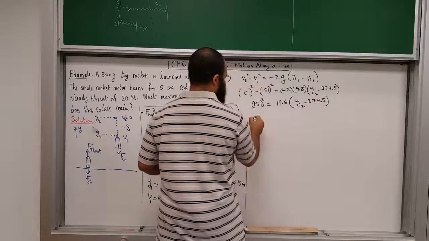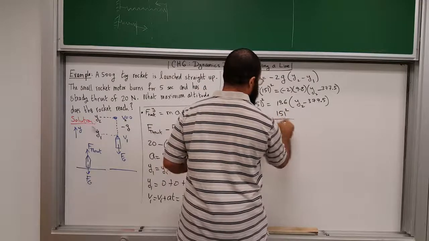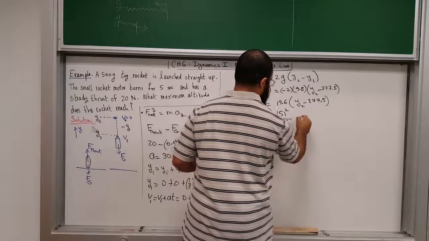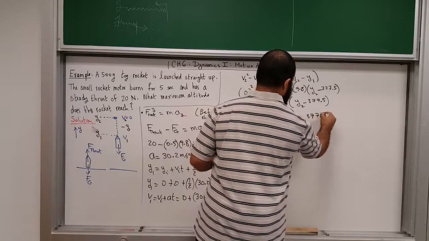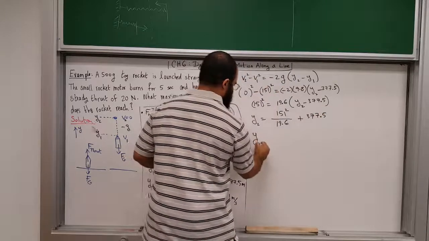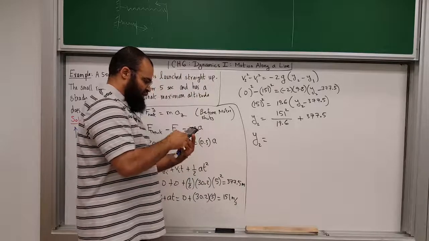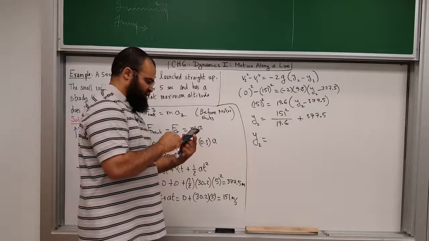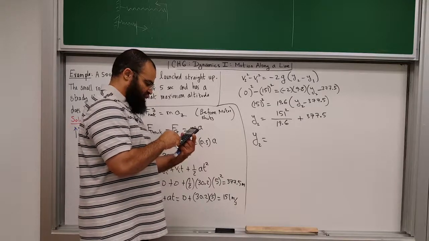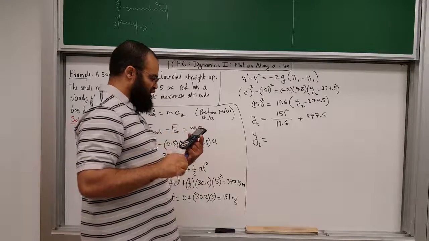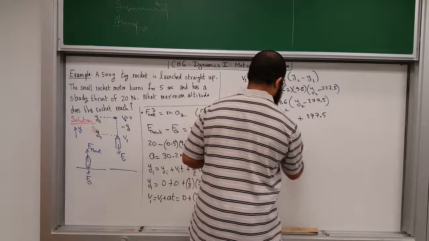And so y2 will be 151 squared divided by 19.6, plus 377.5. Let's square this, divide by 19.6, and then add 377.5, and I get 1541 meters.